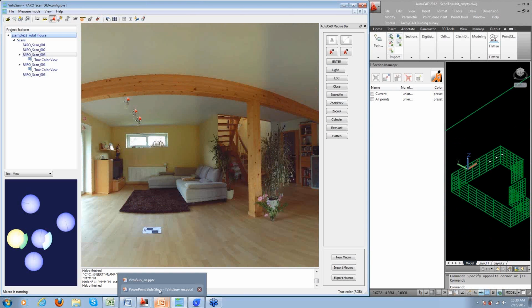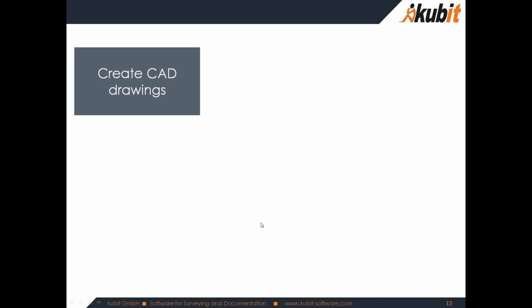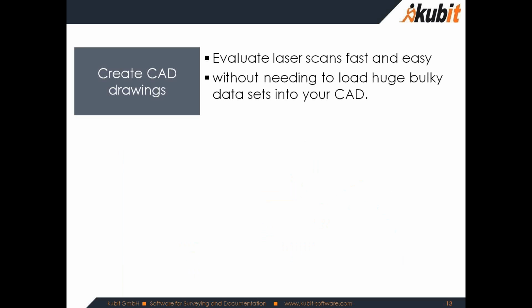So let me jump back into my show, as we're probably running short on time. But as a review, you can see it's pretty easy to evaluate laser scans quickly. You don't have to bring a bulky data set into your CAD interface, and in the case you're using IntelliCAD, you probably can't.